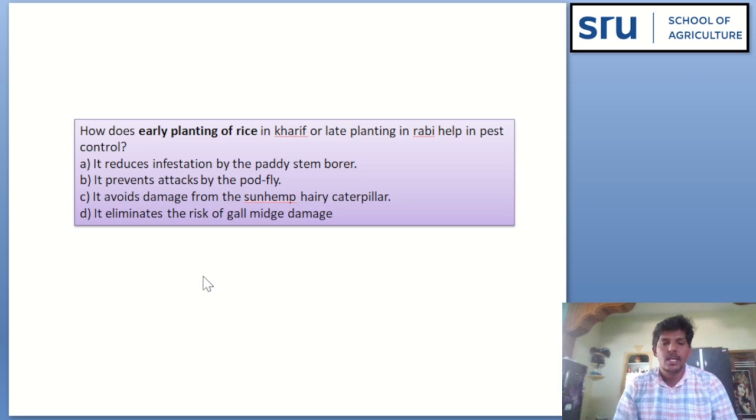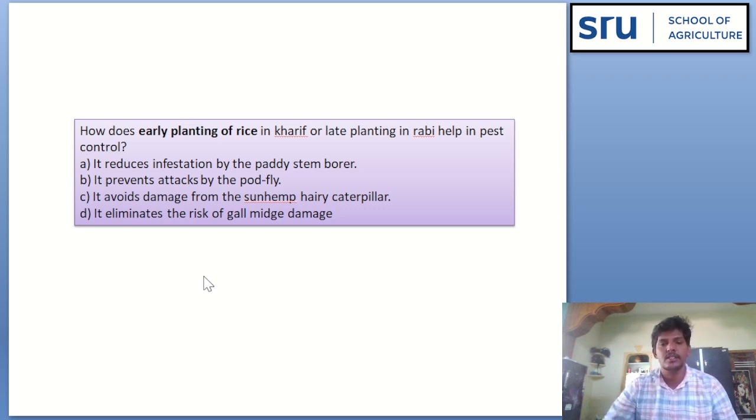How does early planting of rice in Kharif or late planting in Rabi help in pest control? It reduces infestation by the paddy stem borer. It prevents attack by the pod fly. It avoids damage from the sunhemp hairy caterpillar. It eliminates the risk of gall midge damage.